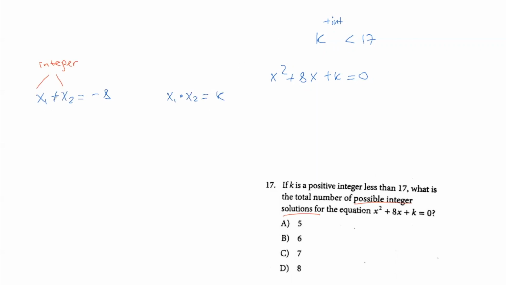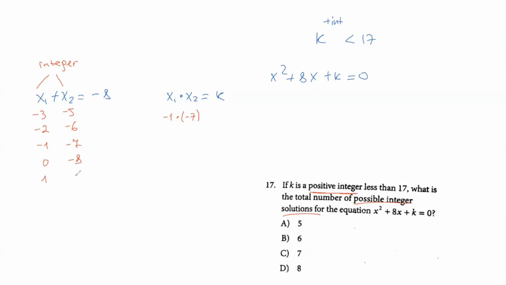So what are two numbers whose sum is minus 8? It is like minus 3, minus 5, minus 2, minus 6, minus 1, minus 7. Look, why have I written these numbers? Because it works. When minus 1 is multiplied by minus 7, the result is 7, which is less than 17, and it is a positive integer. But when you write 0 and minus 8, the product of them is 0, not a positive integer.